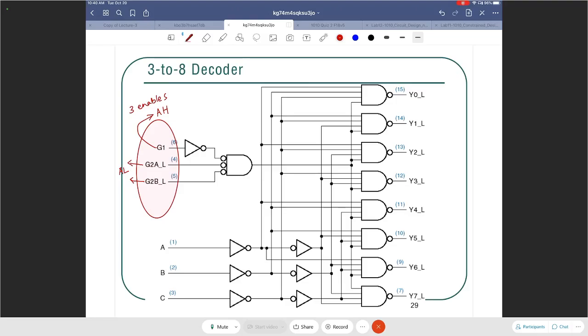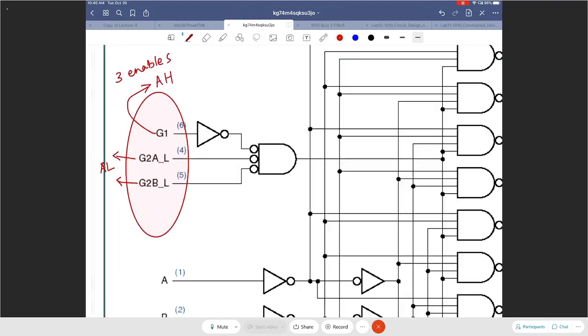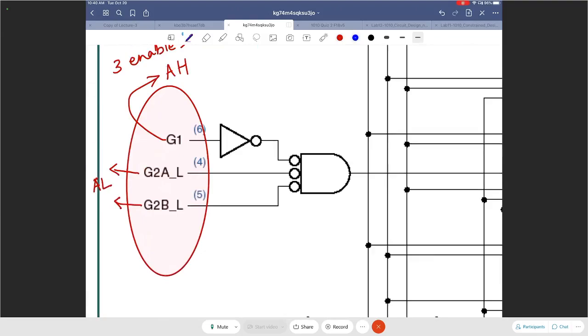One is active high, the other 2 are active low. Now, if I wanted the decoder to be enabled, what should I assign these 3 enables to be? Well, clearly, I need a 1 for G1. That's absolutely right. So I would need 1 for G1 and the other 2 should be low, active low.